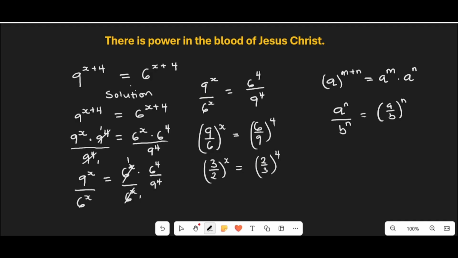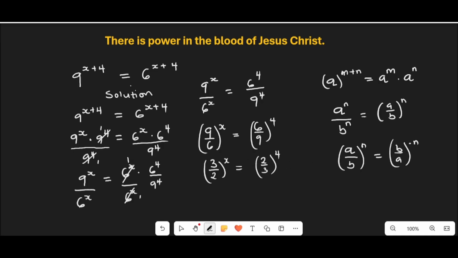Also, I want you to recall this, that a over b all raised to power n can be written as b over a all raised to power minus n. So let us use this rule for the right hand side.